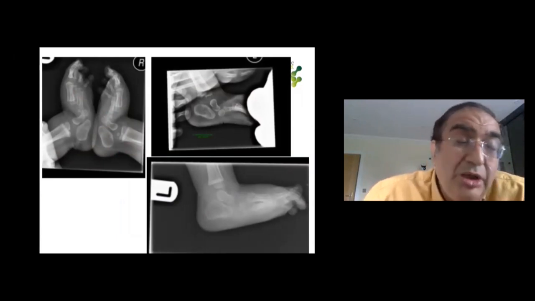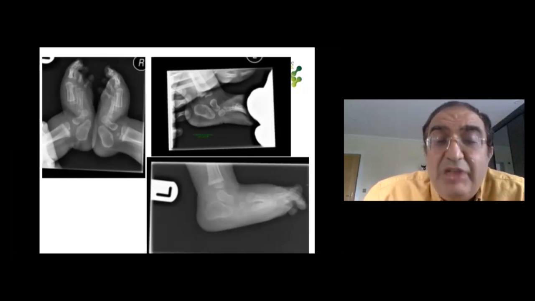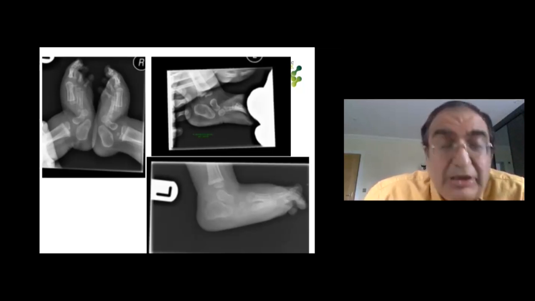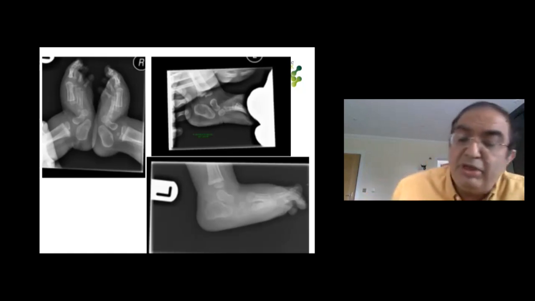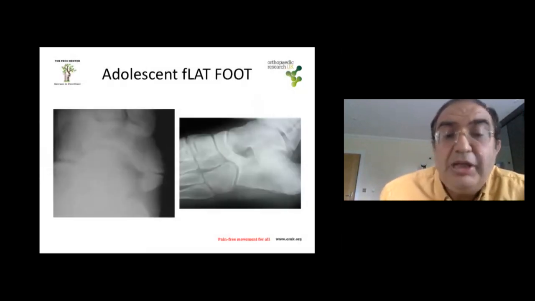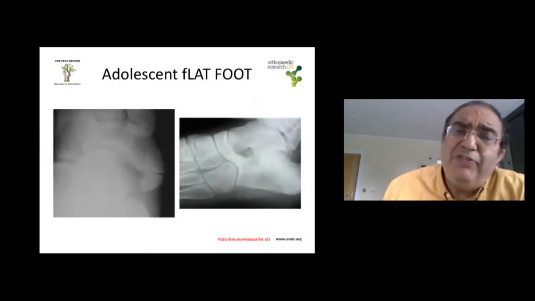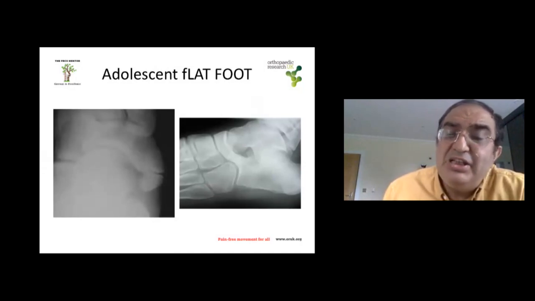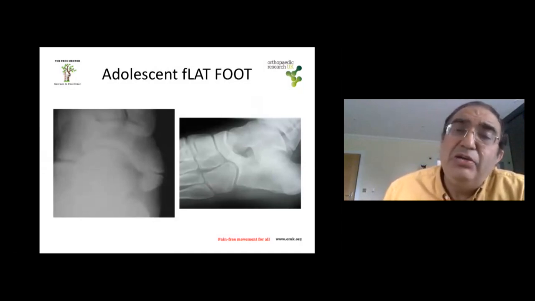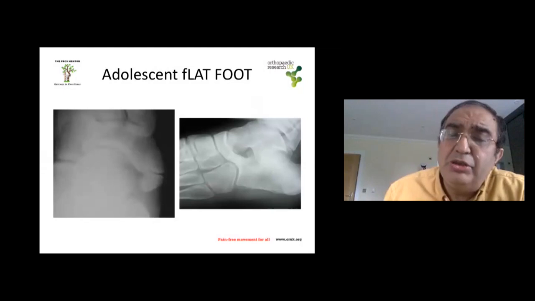But remember, now the treatment for CVT is reverse Ponseti with Achilles tenotomy. You may need to do an open reduction of the talonavicular joint, or it may reduce spontaneously. But remember, reverse Ponseti. Then we go to the adolescent flat foot. In adolescent flat foot, there are 2 important conditions: the accessory navicular, and the calcaneonavicular and tarsal coalition.